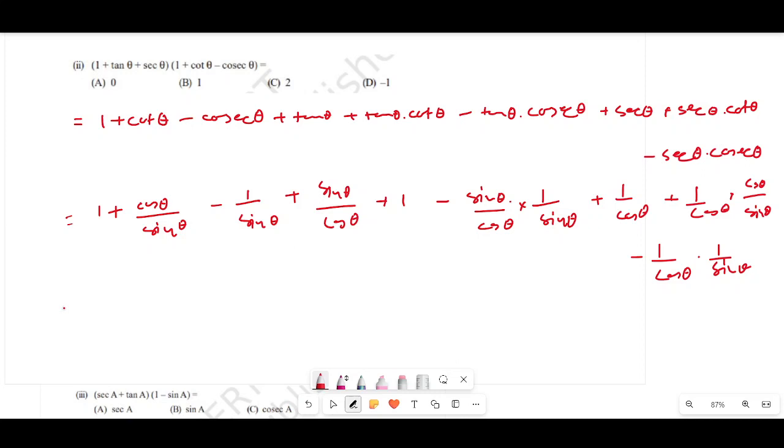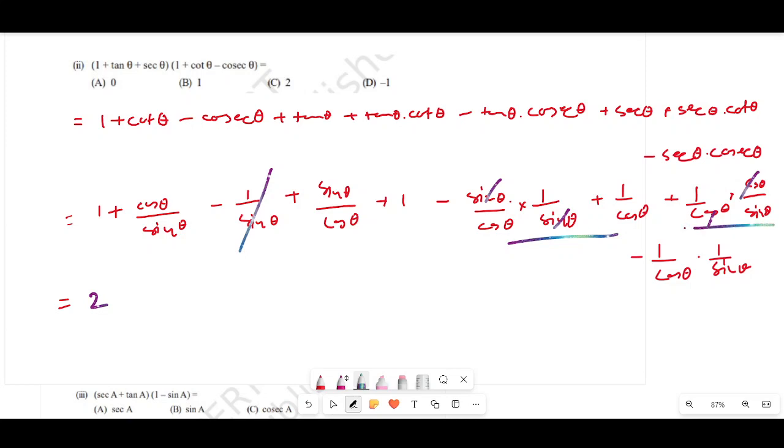First we should simplify this. Here 1 plus 1 is 2, so we should write 2, cos theta upon sin theta. First we should cancel it out. Here it will be cancelled out, minus 1 by cos theta. Now here cos theta, 1 by sin theta, so it will be cancelled out.